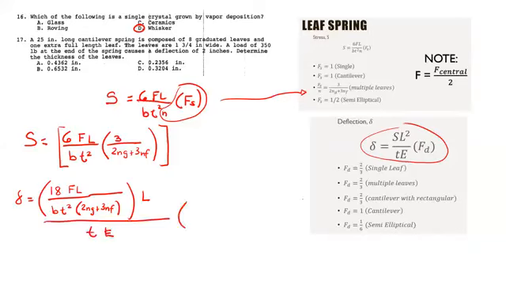Ang FD ay 2/3 for multiple leaves. So magiging 18 times 2, 36 divided by 3 is 12.